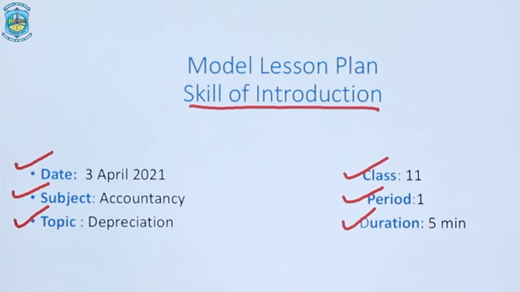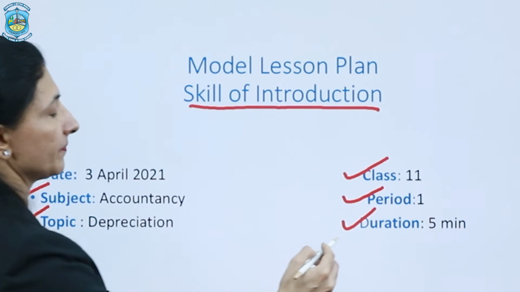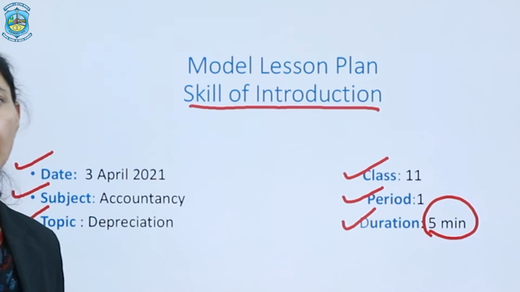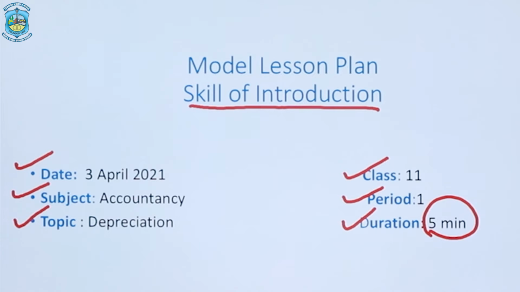Now, you have to pay attention, students, to that duration. Here the duration is going to be 5 minutes. Okay? Because this is a practice time for the skill of introduction.